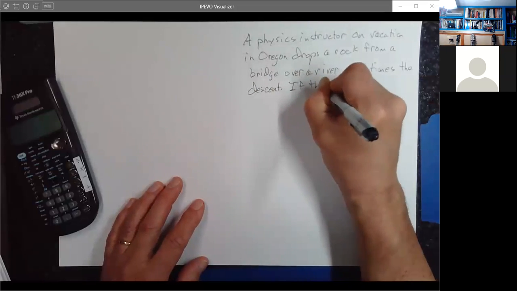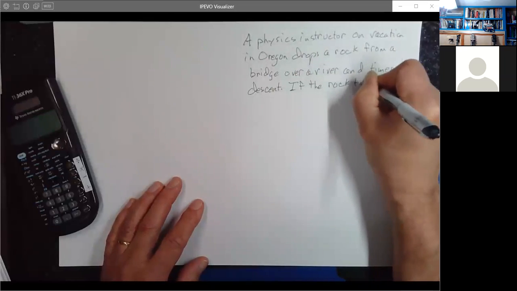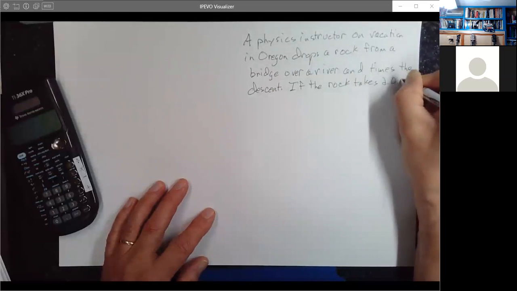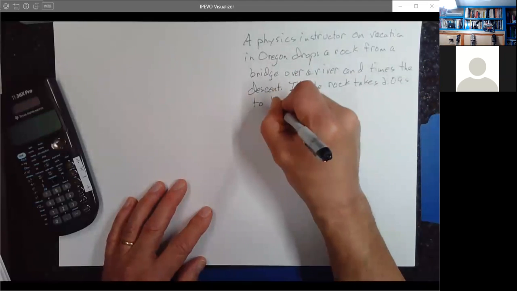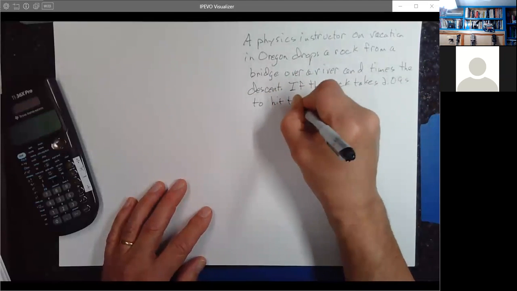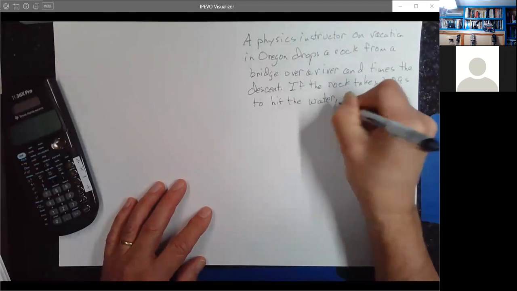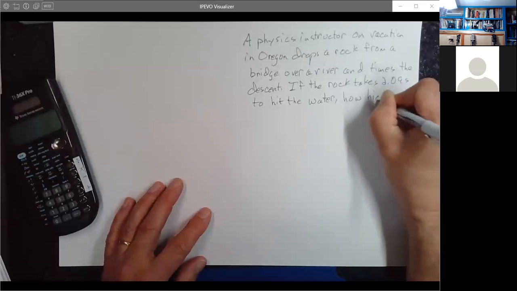If the rock takes 2.09 seconds to hit the water, how high is the bridge?